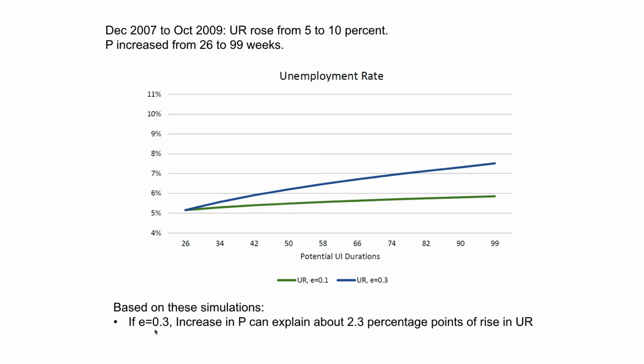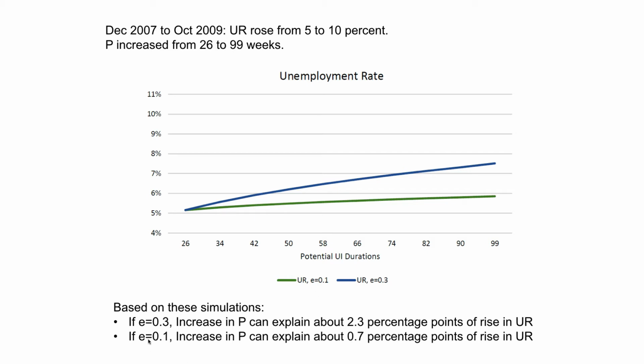For example, if the elasticity is equal to 0.3, the increase in potential benefit durations from 26 to 99 weeks would explain an increase in the unemployment rate of about 2.3 percentage points. That's quite large. That's almost half of the actual increase in the unemployment rate. That means that even if there had been no recession and the only thing that had changed was that Congress had increased potential benefit durations, we would have seen a substantial increase in the unemployment rate.